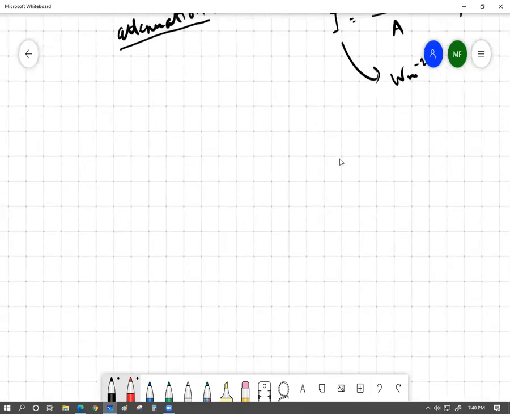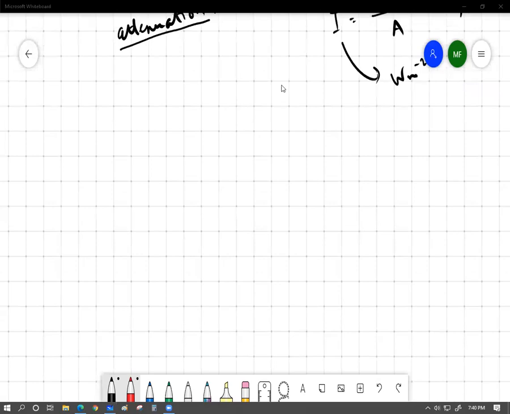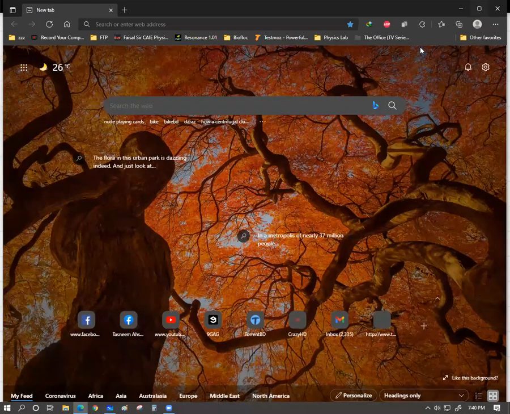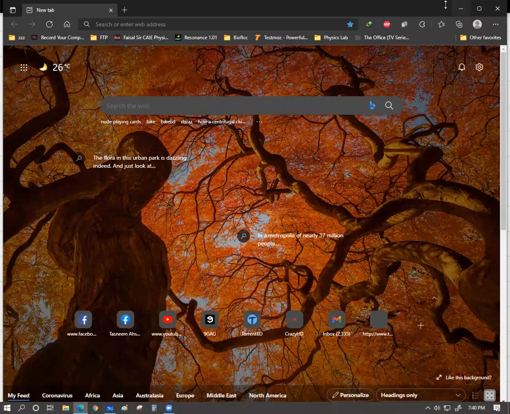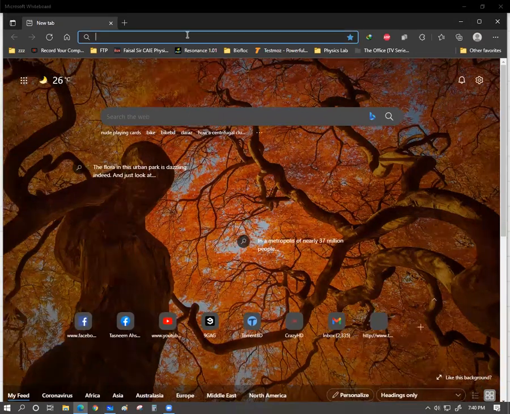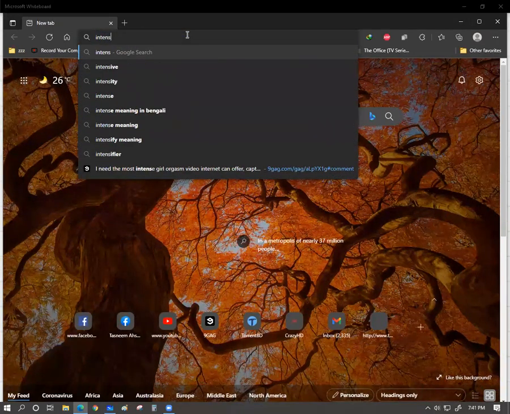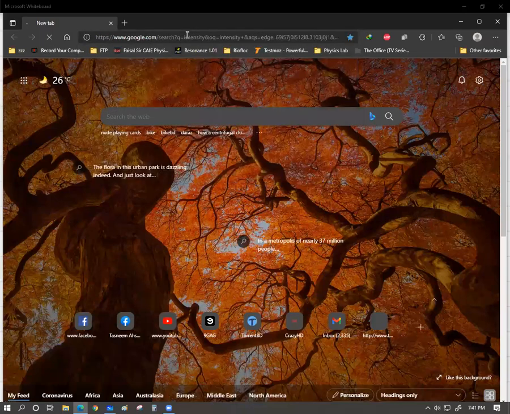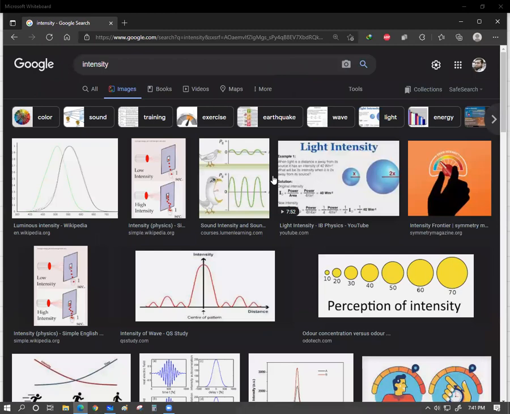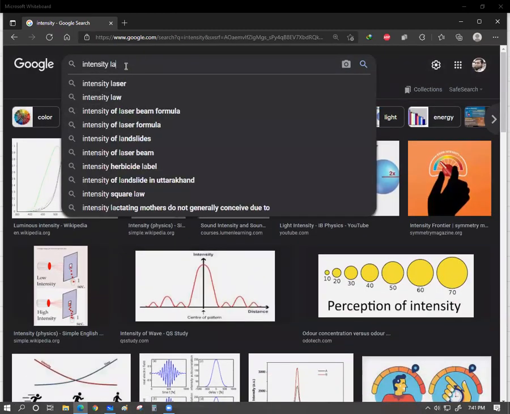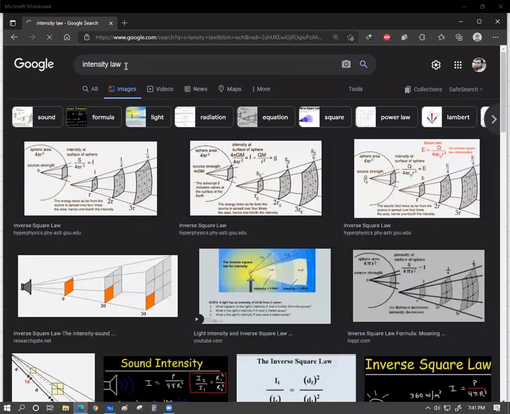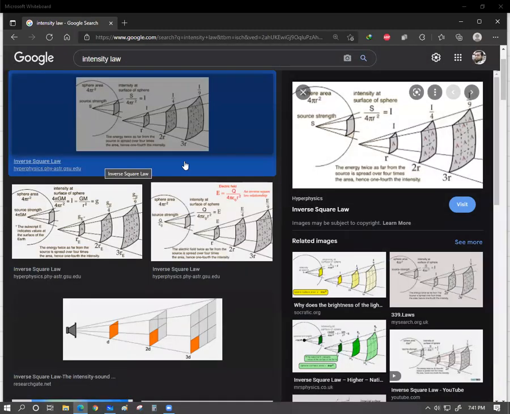Now, one thing is very important for us to understand. Let me just show you an image. So this is one of the images that I can show you.